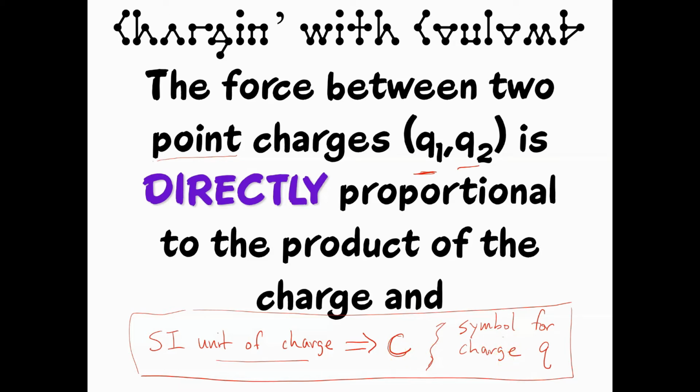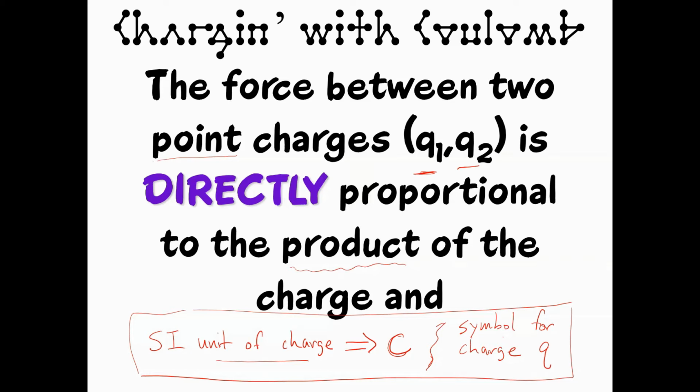All right, back to Coulomb's law. The force between 2 point charges, Q1, Q2, is directly proportional to the product of the charges. Ask your neighbor, what mathematical operation do you think of when you hear the word product?